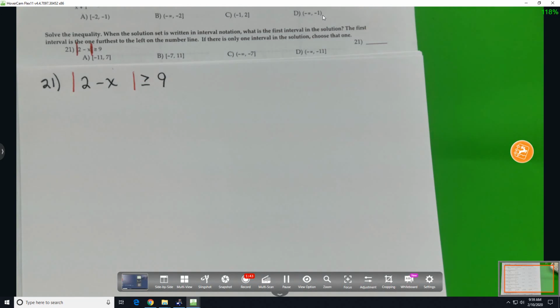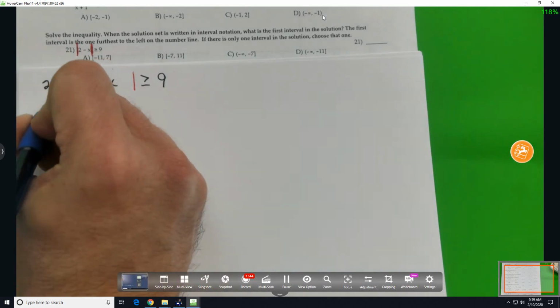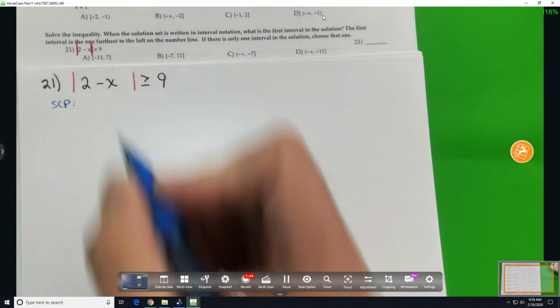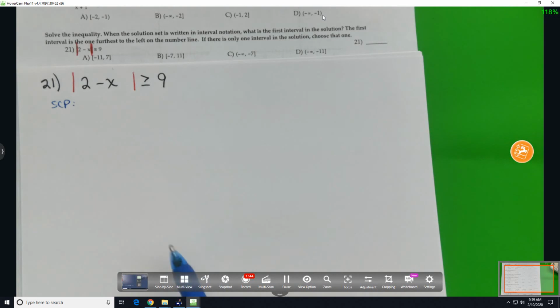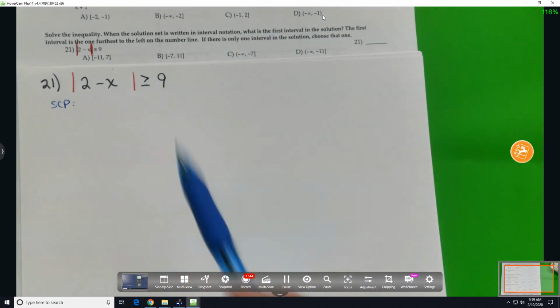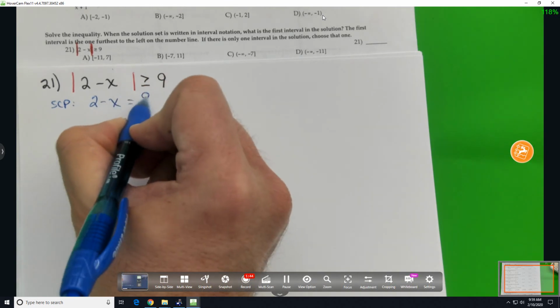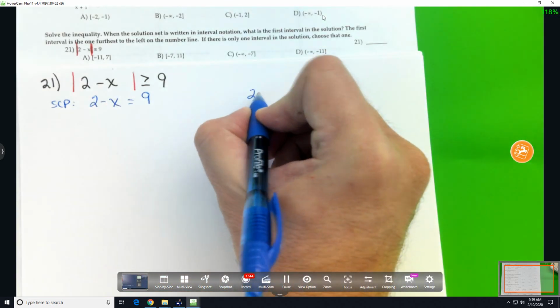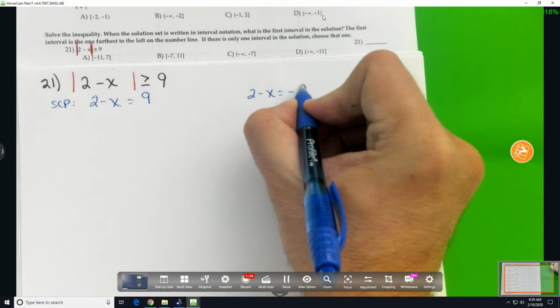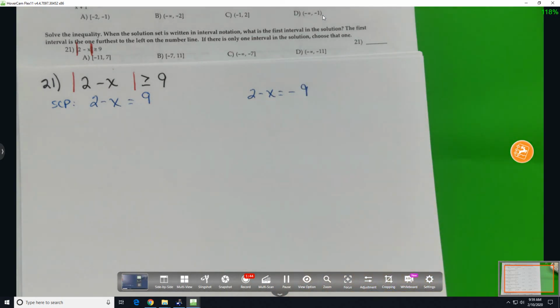There's no denominator cut points, but there are solution cut points. What numbers have absolute value equal to 9? Well, positive 9 and negative 9. So you go equal positive 9, equal negative 9.